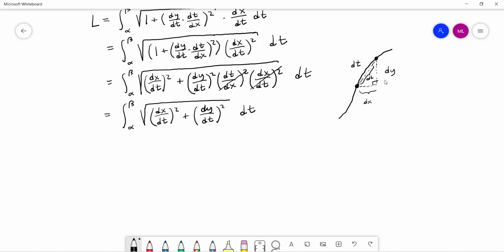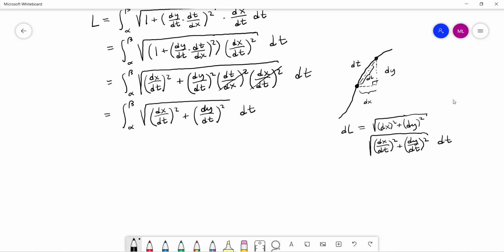And so that little change in distance is going to simply be the square root of the dx squared plus the dy squared. But because of these both being related to derivatives, instead I can write that dx dt squared plus dy dt squared square rooted, and then multiply by that dt outside.